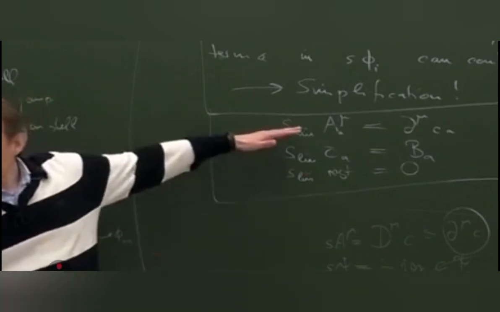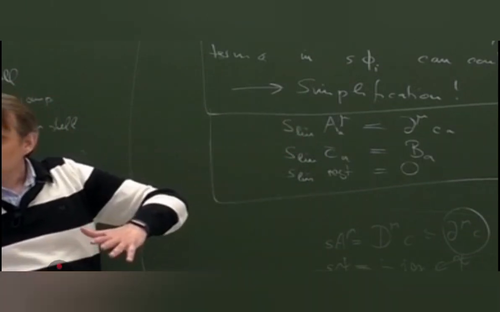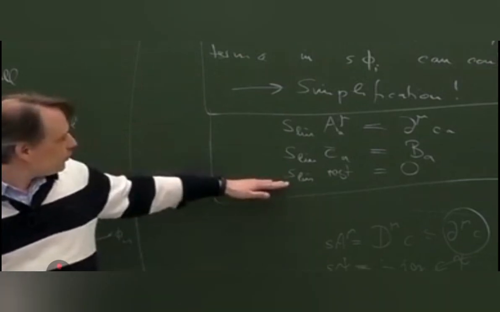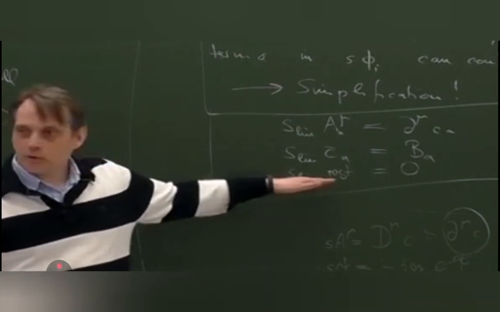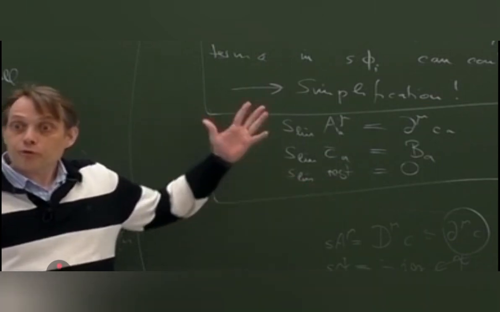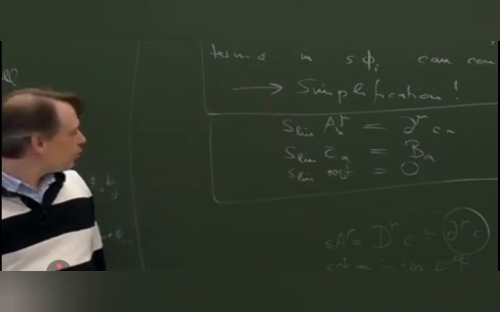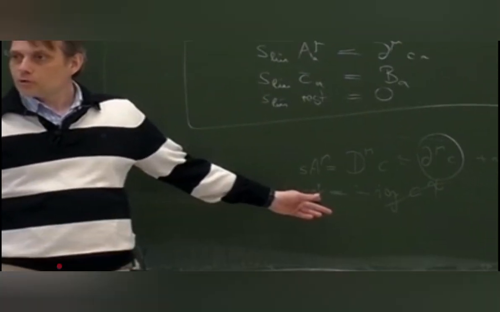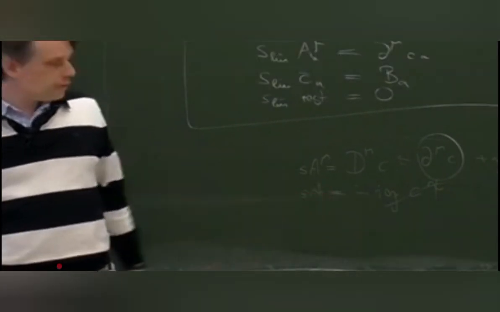And as you know, I hope you know, what does it mean if something is BRST invariant? It has the chance of being something physical. So the BRST invariant stuff, like for example the quarks, they are physical fields.